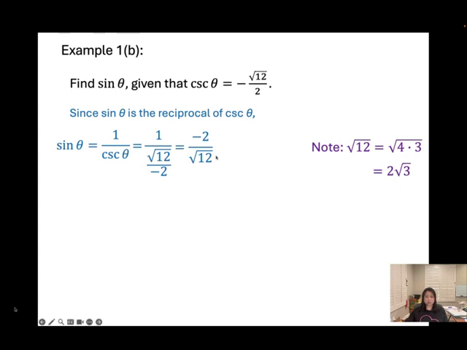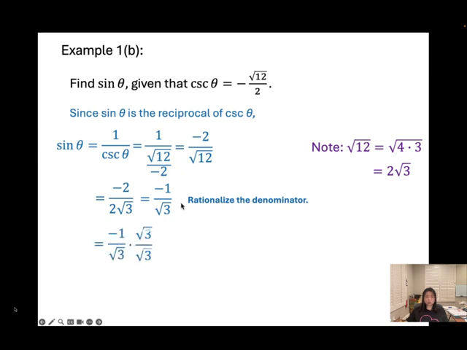We're going to plug it in. We could simplify. The 2 and 2 simplify so you only have negative 1 over square root 3. Now you could rationalize the denominator. So you're going to multiply by square root 3 over square root 3. Final answer, negative square root 3 over 3.